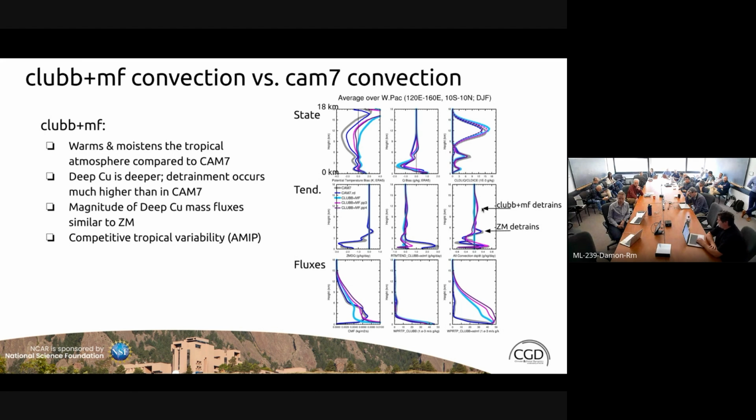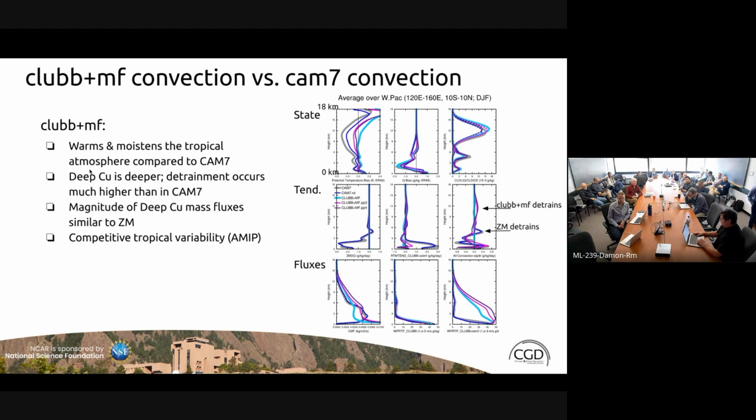So it's detraining at very high altitudes, which is quite different from ZM, which stubbornly seems to always detrain at about 500 hectopascals. That's kind of its main detrainment layer.